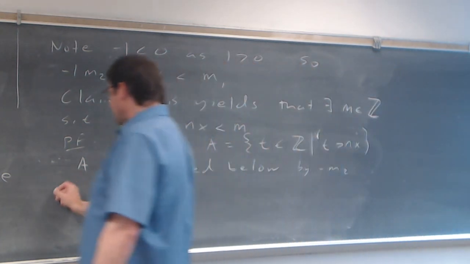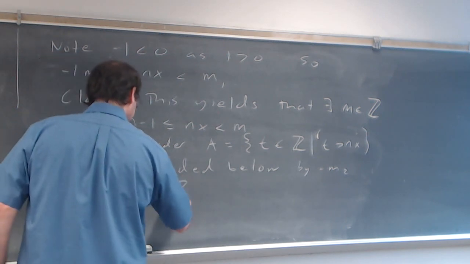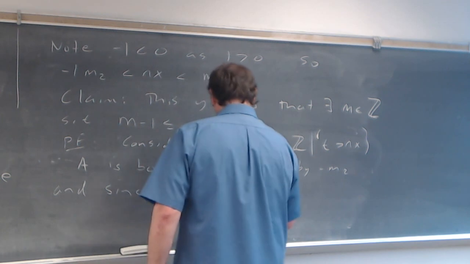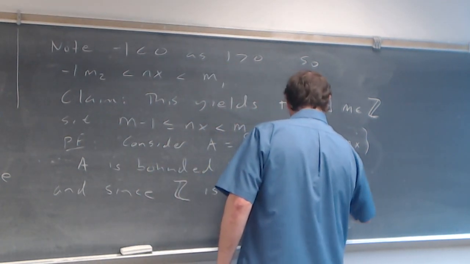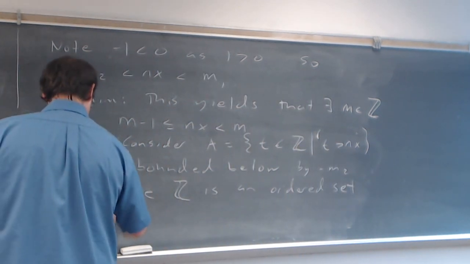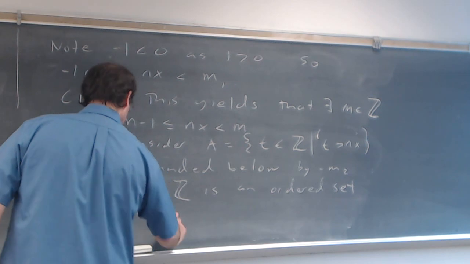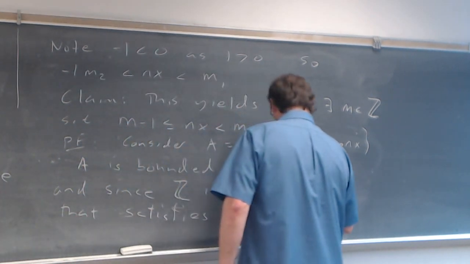And since, so I'm saying this fact, but not proving it, since Z, the integers, is an ordered set that satisfies the LUB property. I'm not proving that.